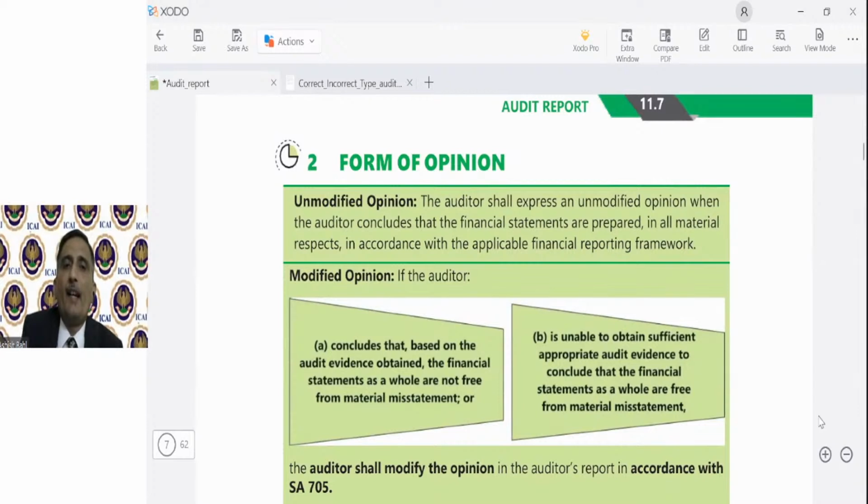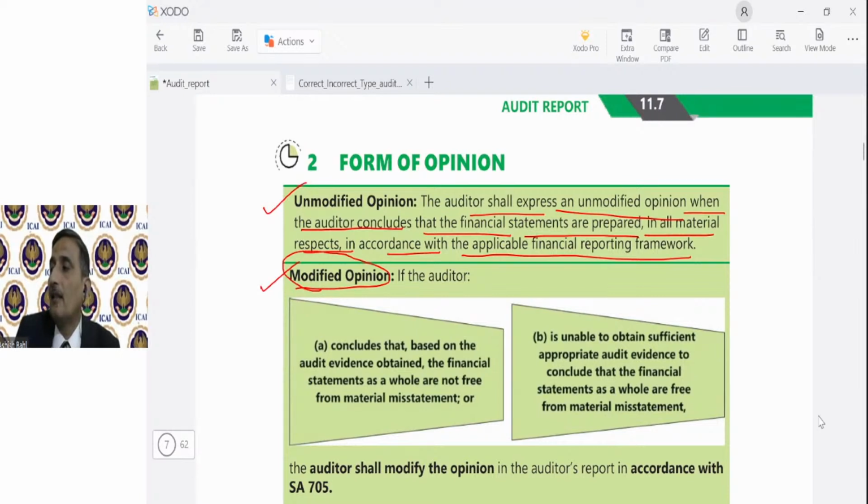So, the auditor shall express an unmodified opinion when the auditor concludes that financial statements are prepared in all material respects in accordance with the applicable financial reporting framework. And when does the auditor give a modified opinion?